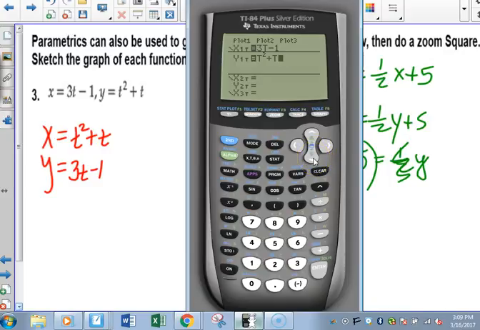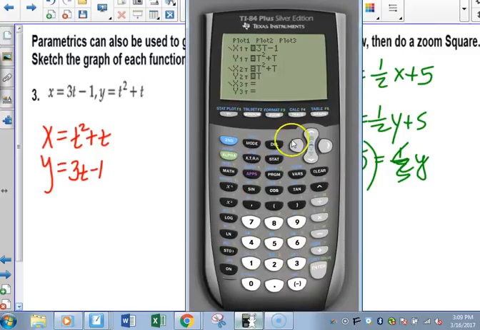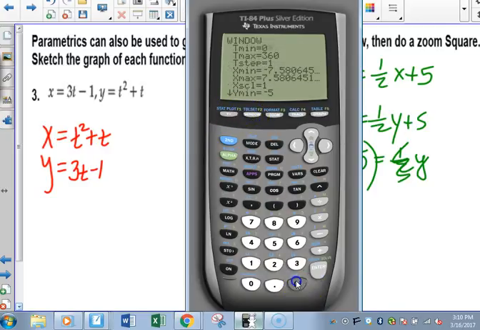All right, so put the original one in y1, x1 in y1, and then flip-flop them. Okay, it said for the window to use -10 to 10, T-step of 0.1 or 1, either one is not bad.